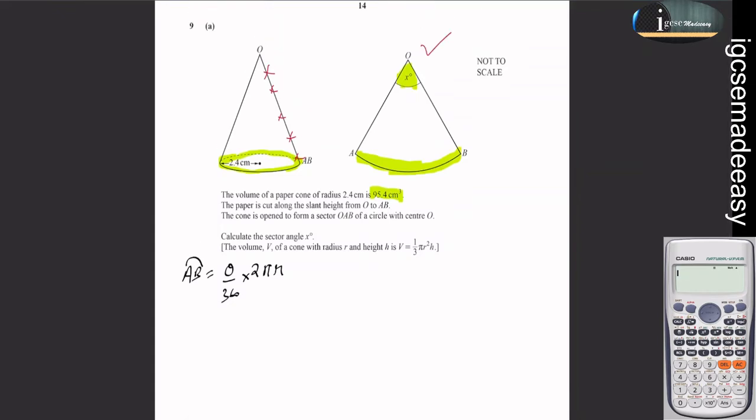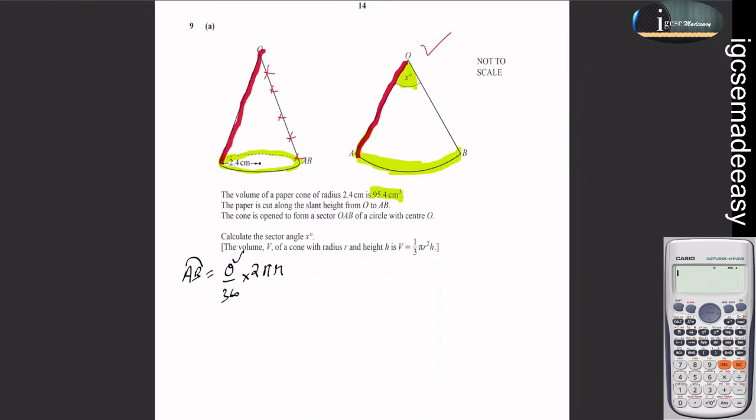In this case, we need to find the theta value, that is x, and r is equal to AO. r is the radius. This is the radius AO, so that we need to find out. AO is this one, and that is equal to this length.